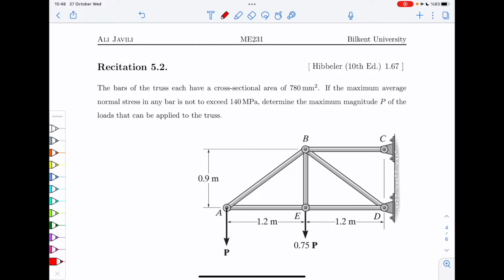What I'm trying to say is that you need to compute the force in each of these members as a function of P.